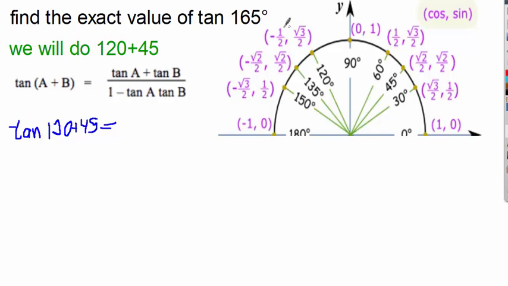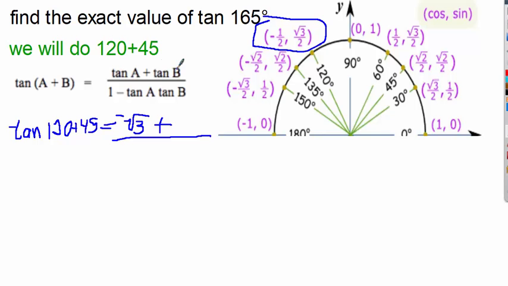Tangent of 120, remember to look at your numerators only. The numerators here are square root of 3 over -1. So the tangent of 120 is negative the square root of 3. I'm also going to put that down here as well.